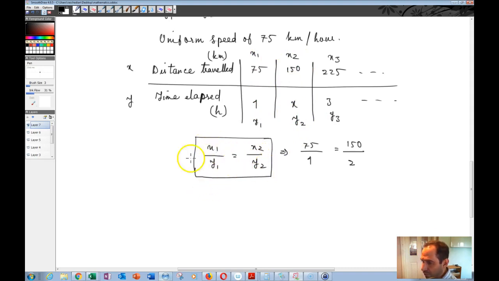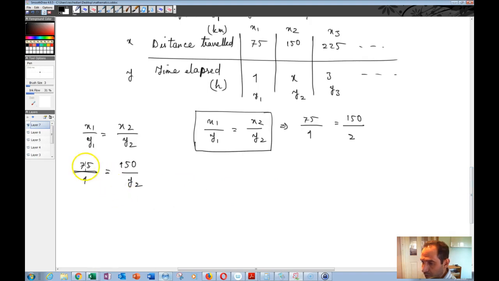I can write x1 to y1 is equal to x2 to y2, that's 75 to 1 is equal to 150 to y2, and if you cross multiply here, you will get 75 times y2 is the same thing as 150, so y2 is equal to 150 divided by 75, which is equal to 2, and that's 2 over here.